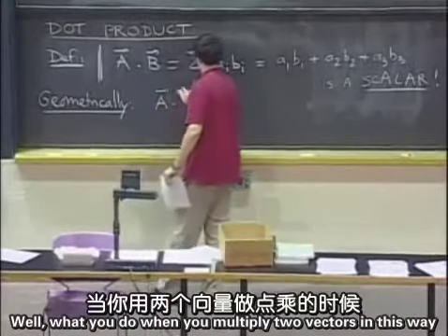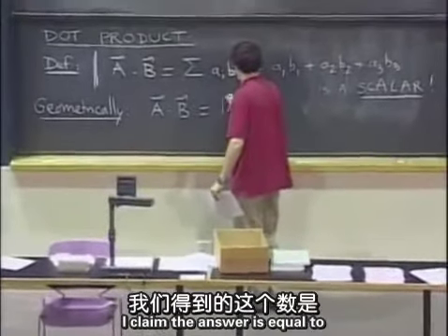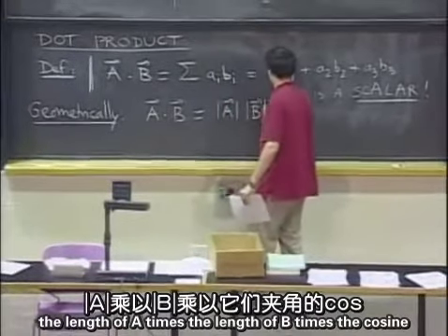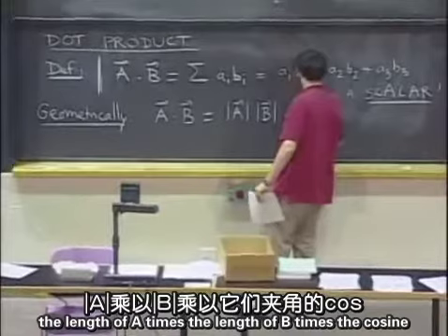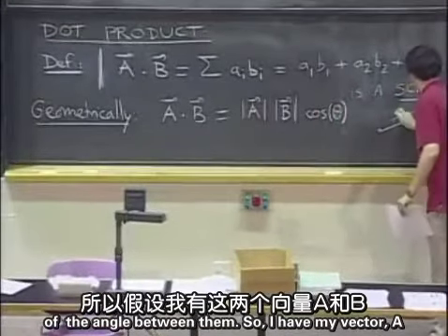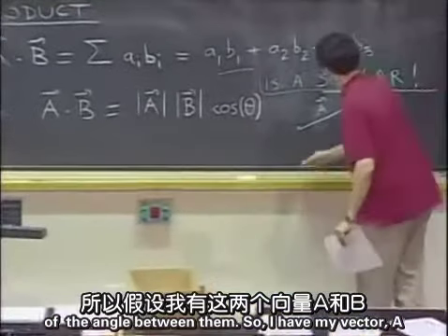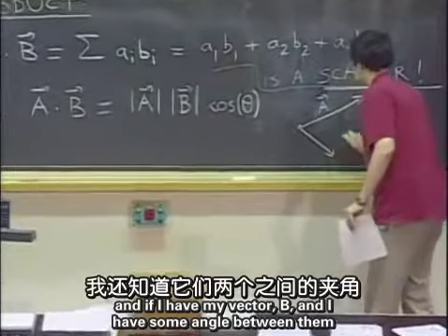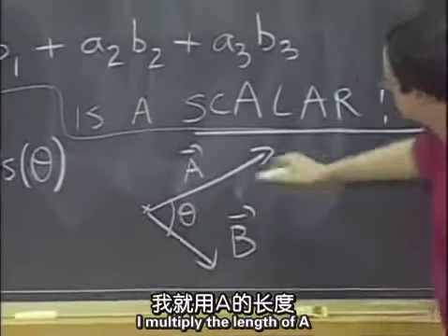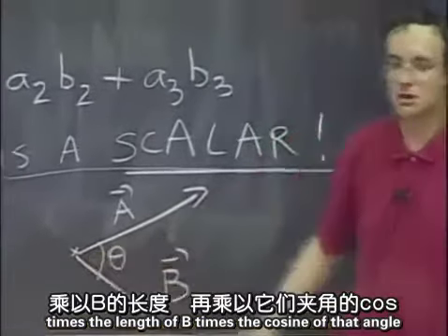When you multiply two vectors in this way, I claim the answer is equal to the length of A times the length of B times the cosine of the angle between them. So if I have my vector A, and my vector B, and some angle between them, I multiply the length of A times the length of B times the cosine of that angle.